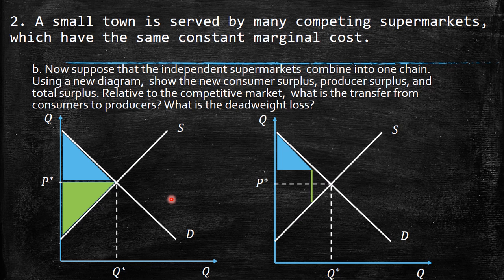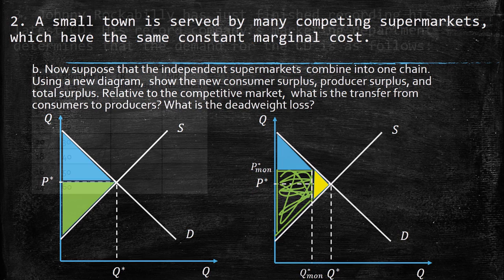Remember, this decision is represented where the marginal revenue is exactly equal to the marginal cost, and then this green part is the producer surplus, and this is the quantity of the monopoly, which is lower than the competitive market, but the price is higher than the price of the competitive market.